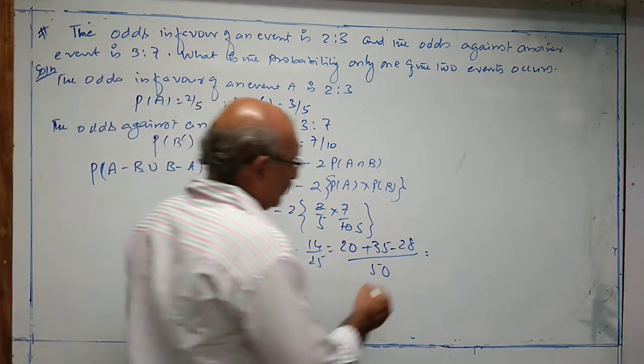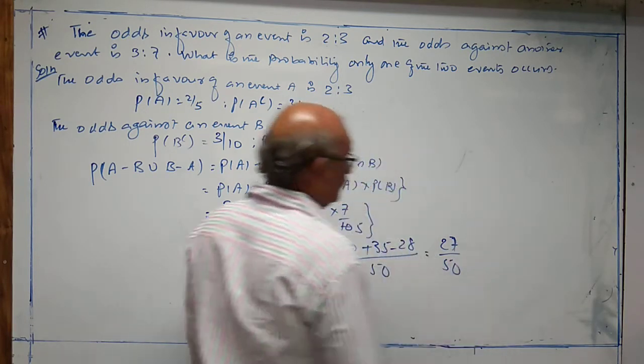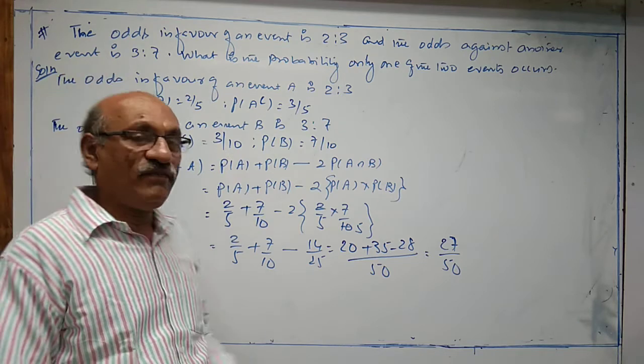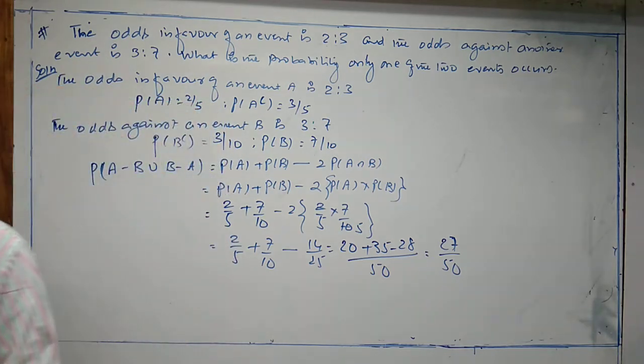So this is equal to 27 divided by 50. 27 divided by 50 is the answer to this question. Okay, note down, sir.